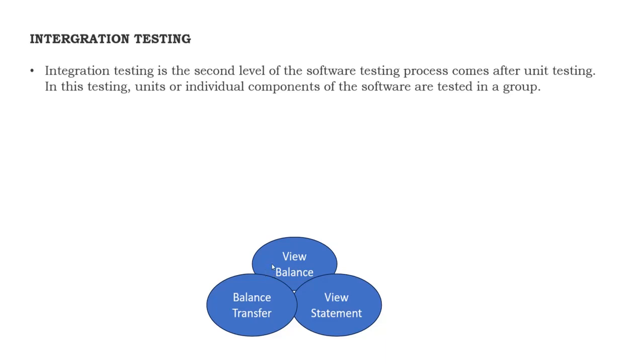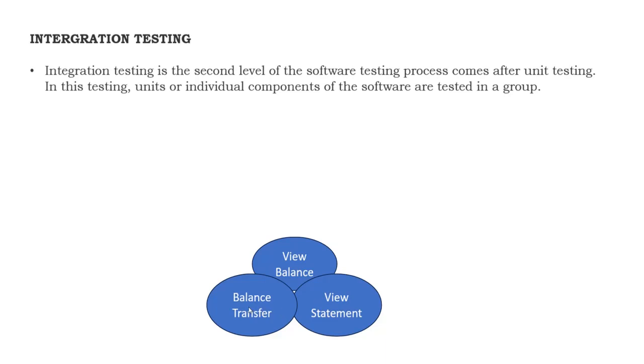Suppose I perform the balance transfer. Once the balance transfer is done, I can go and check the statement, and it should be updated by then. In the balance transfer, I can just see whether the transfer is working fine or not.